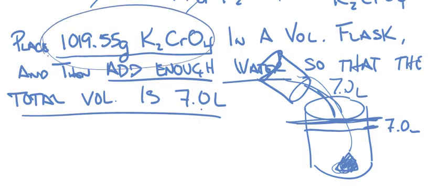You add just enough water. Mix it up. Make sure that the level comes to exactly 7 liters. That way you're ensuring that when it's properly mixed up and allowed to dissolve into its electrolytes, we'll have exactly 0.75 moles for every liter of solution. Isn't that cool?